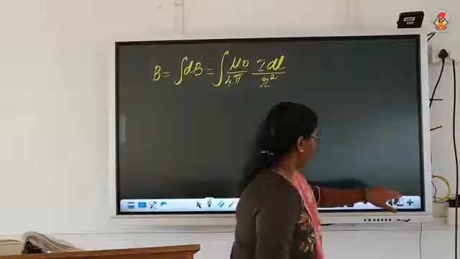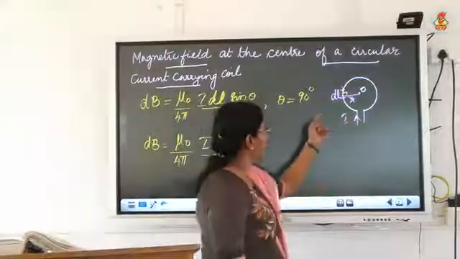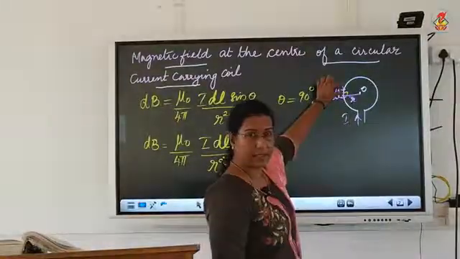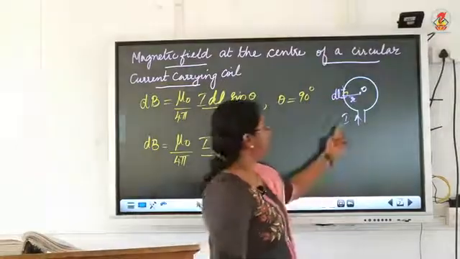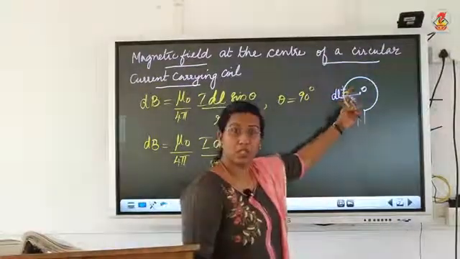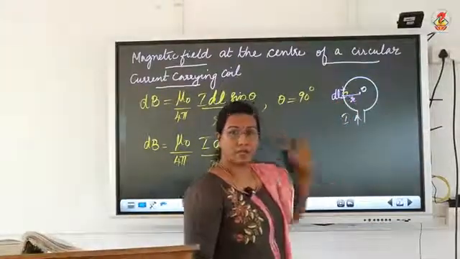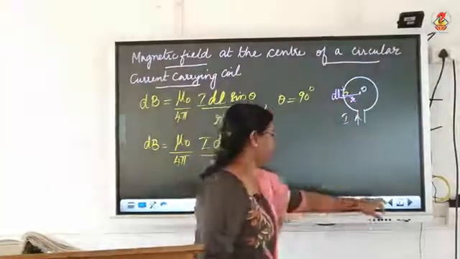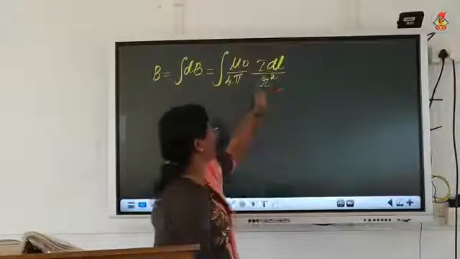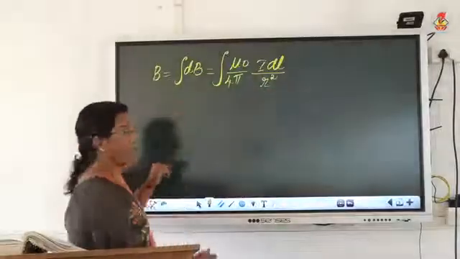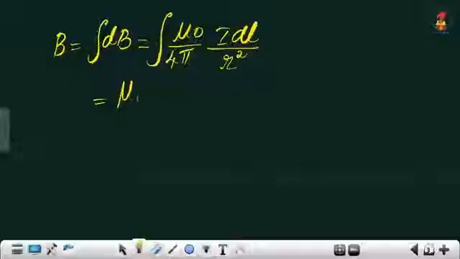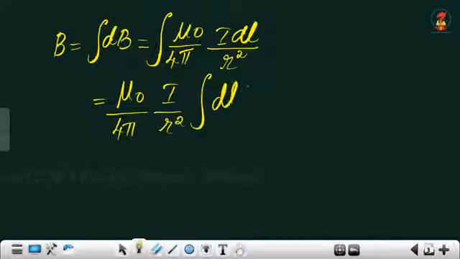Now if you look into this diagram, dl is the length, a constant value. I is the current flowing through the conductor, which is also constant. R is the radius of the coil, also constant. So we can take all these constant values outside. We get mu 0 by 4 pi into I by r square, integral dl.